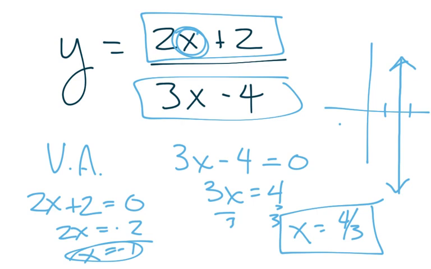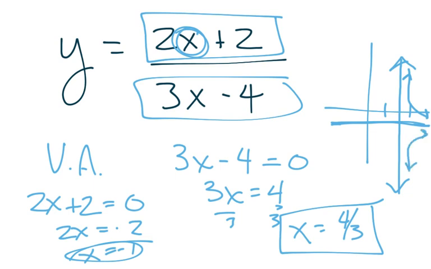Yeah, I think we're going to have now a horizontal asymptote at negative 1 right there. And so now we're looking at lines like this.